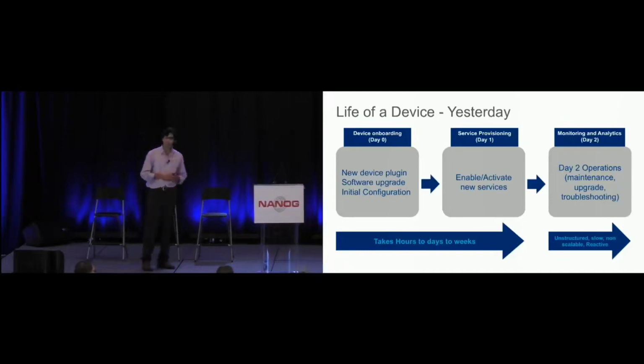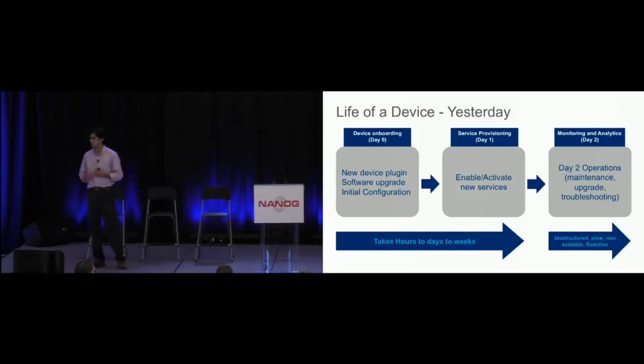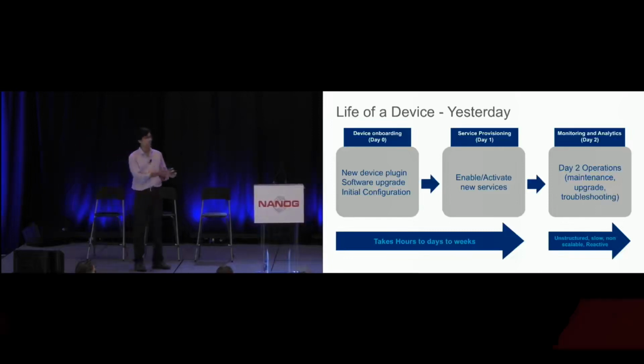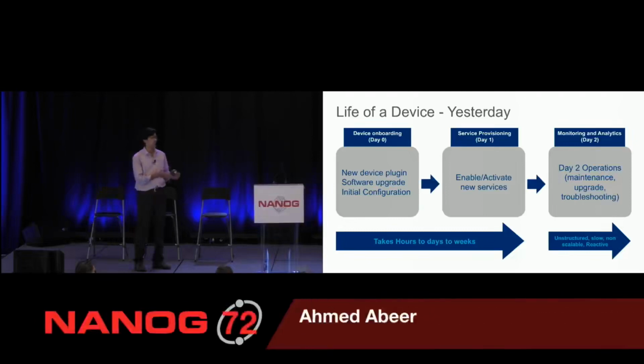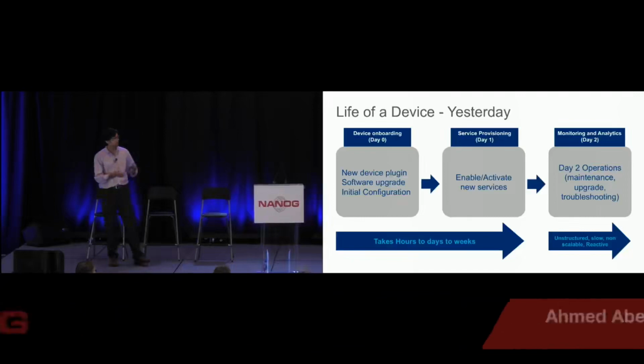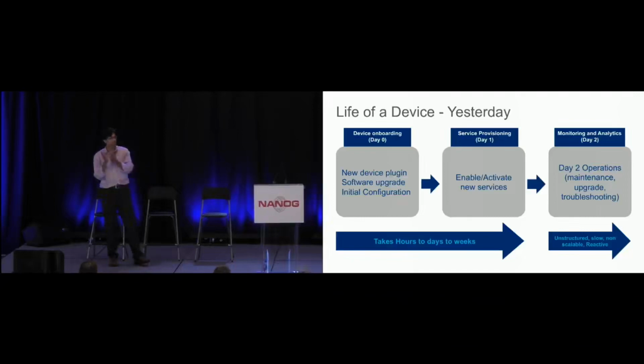You would like to troubleshoot, and you would like to upgrade your packages and your software. So day 0 and day 1, traditionally it takes days, weeks or maybe months of time to just deploy the routers or switches from the lab to the production environment. And it's a very costly process for the network operators.